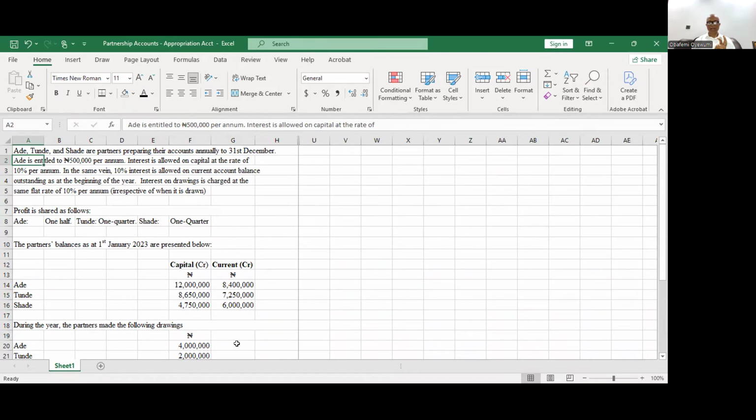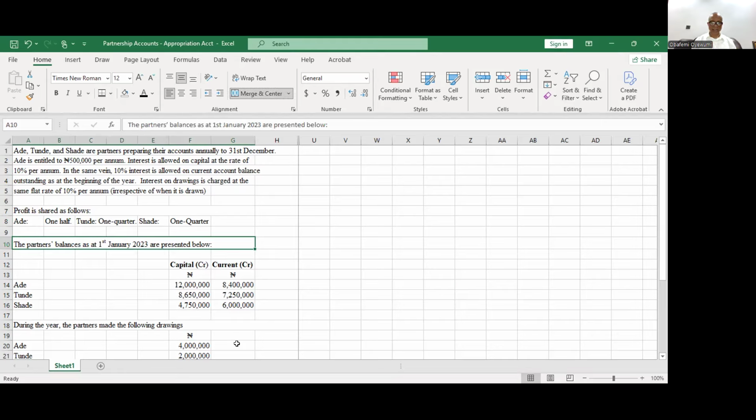Ade was entitled to 500,000, and of course he got 500,000. Interest is allowed as per the constitution or deed, at 10%. In the same vein, 10% interest is also allowed on current accounts. Then interest on drawings is also 10%. Profits are to be shared accordingly.